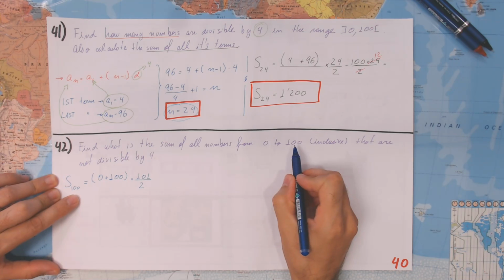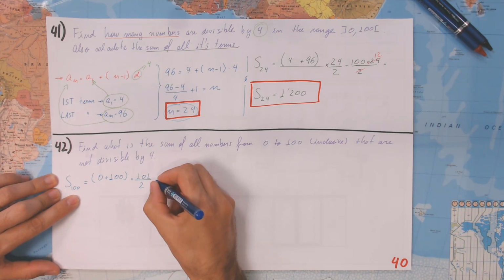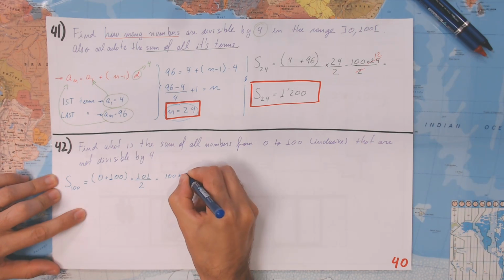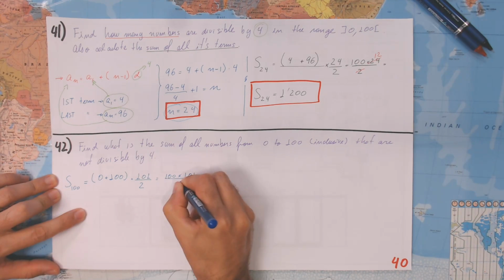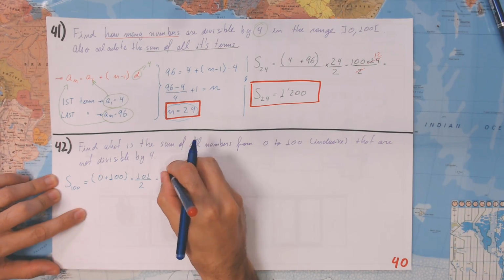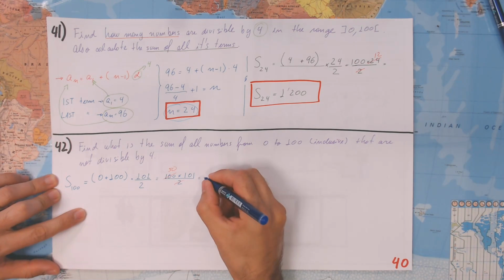From 1 to 100 we have 100. From 0 to 100 we have 101 terms. So this is going to be just 100 times 101 divided by 2. If we simplify, this is just 50 times 101. This is going to be 5050.